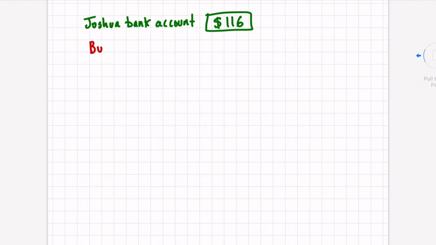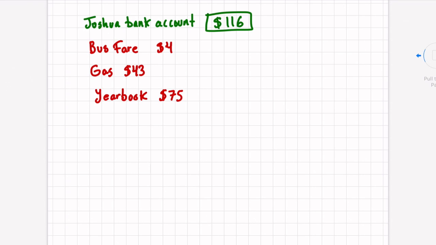Alright, so the first part of the project was to analyze the charts. For the second part, we're going to figure out how much money he spent. So the problem says when the day begins, Joshua has $116 in his checking account, and he has overdraft protection. Before school, he buys his cousin a round-trip bus fare for $4 using his debit card. He then uses the card to get gas in his car for $43. Once the banks open, a check he gave to school for his senior yearbook clears, and $75 comes out of his account.